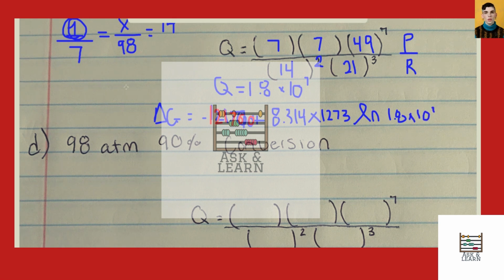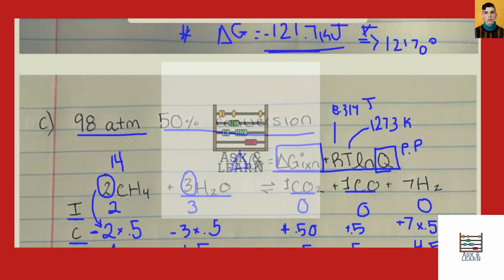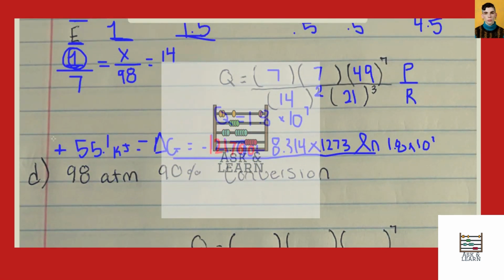So go ahead, pause, and you should come out with a delta G of 55.1. Again, that is in kilojoules. I just divided the product of this by 1,000 because this should be in joules. Since this is positive, we know that at 98 atm pressure and 50% conversion, the reaction is non-spontaneous since we have a positive delta G.